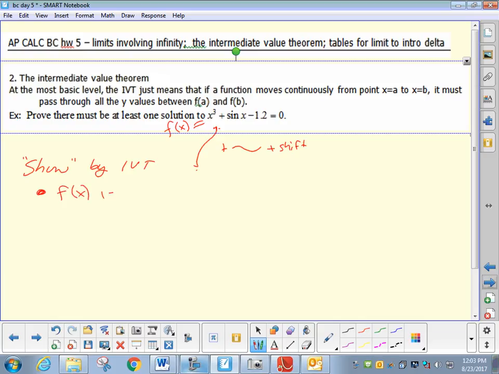Do you automatically just say, yeah, it's continuous, or do you actually think about it? Is x cubed continuous? Yes. Is sine continuous? Yes. Is the sum of two continuous functions continuous? Yes. Okay, f is continuous. That must be said. Otherwise, you are going to be docked points for not meeting the conditions for the theorem.